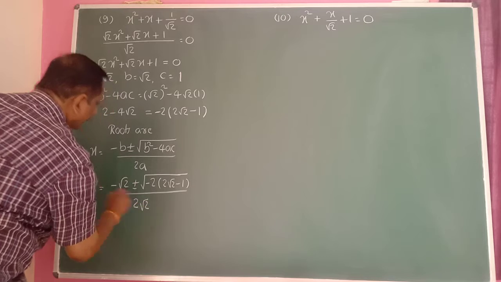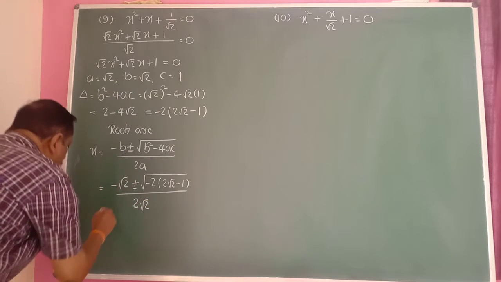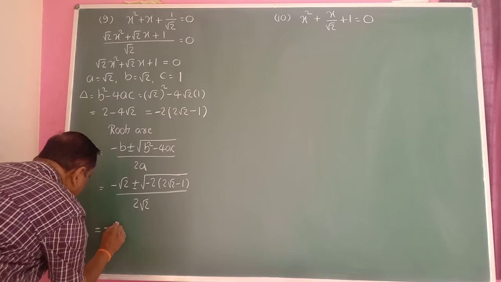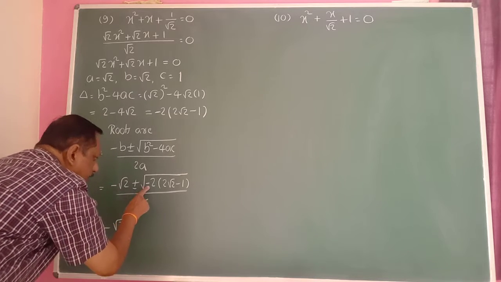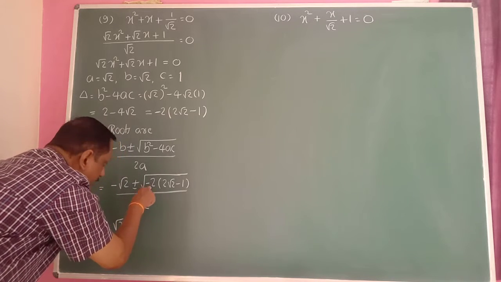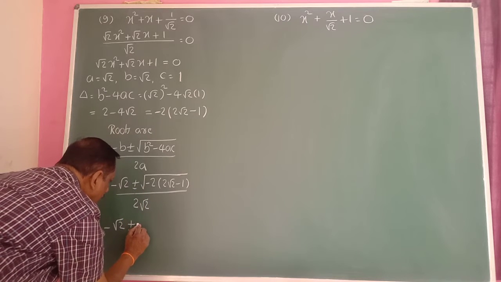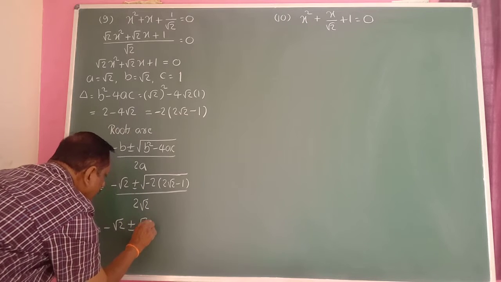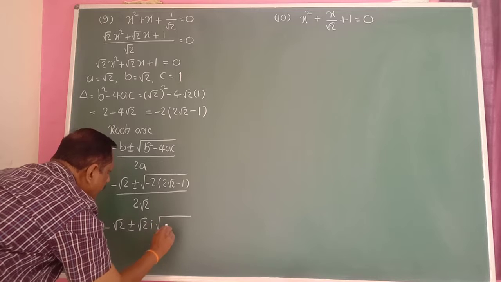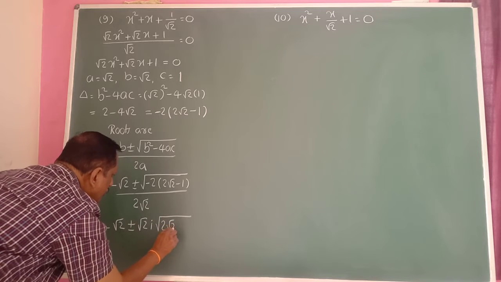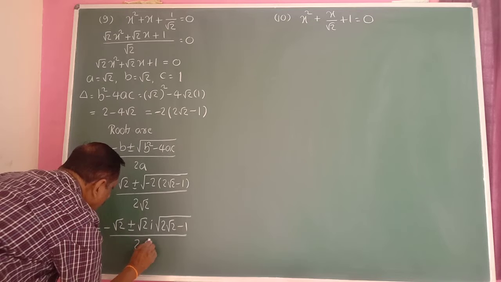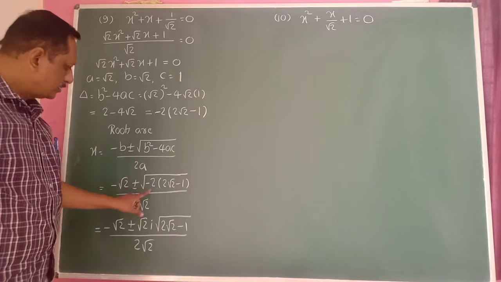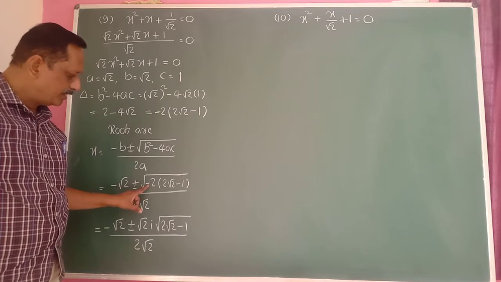Then minus root 2 write as it is here and plus or minus square root of the negative term inside, so you can write here root 2 into i into root of 2 root 2 minus of 1 divided by 2 root 2.